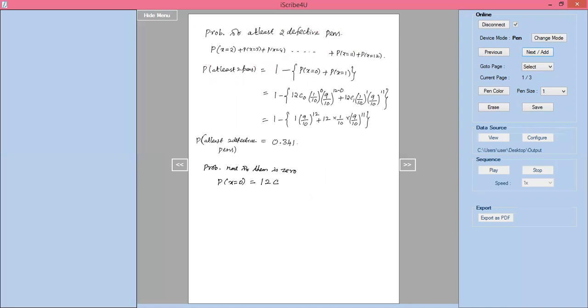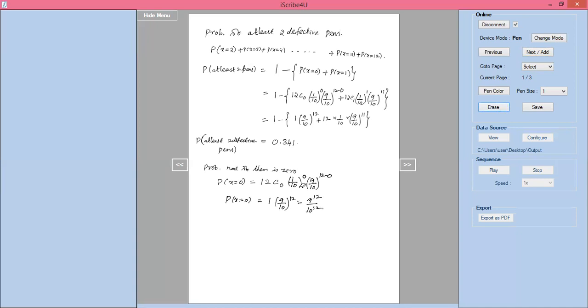Probability of X equal to 0 is 12C0 into p, where p is 1 by 10 or 0.1, into whole power x, that is 0, into 9 by 10 whole power 12 minus x, 12 minus 0. So 12C0 is 1, anything power 0 is 1, into 9 by 10 whole power 12, which is 9 power 12 divided by 10 power 12.